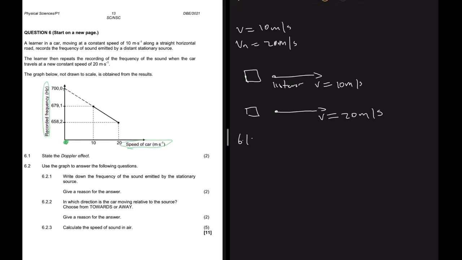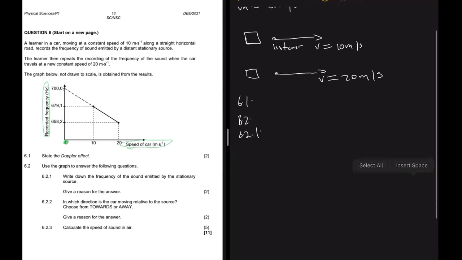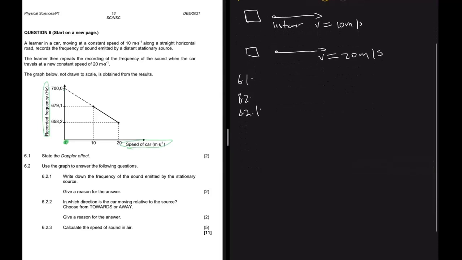6.2 says use the graph to answer the following questions. 6.2.1, write down the frequency of the sound emitted by the stationary source.